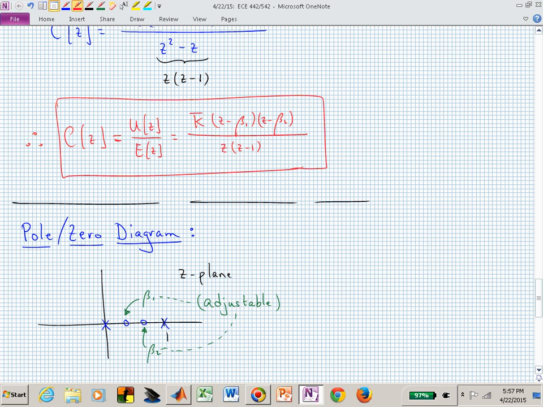You should be getting comfortable looking at a Z-plane diagram and getting a feel for what might be happening. But this is what you would lay on top of an already existing system. If somebody says, oh, introduce a PID controller in the digital domain, boom, you put down those two poles, and now you get to play with where those circles are.